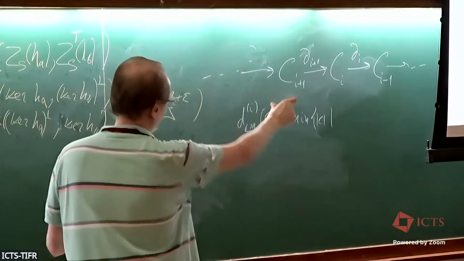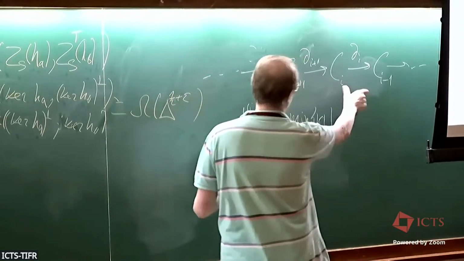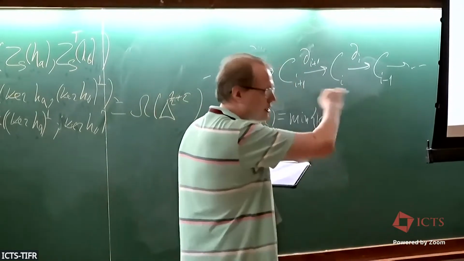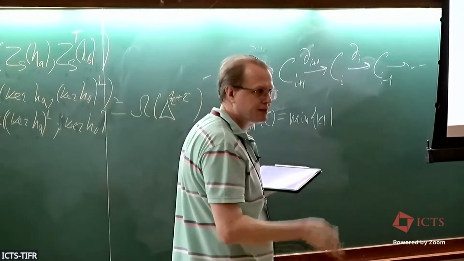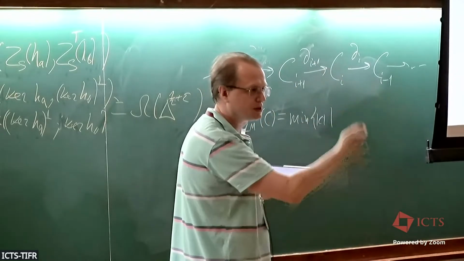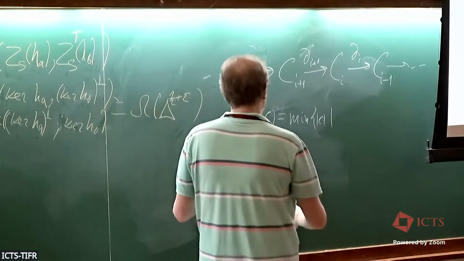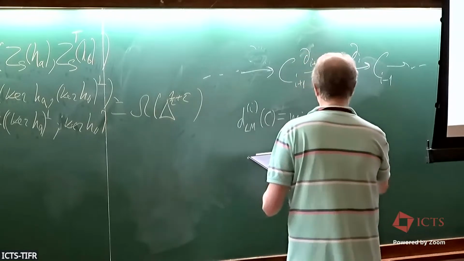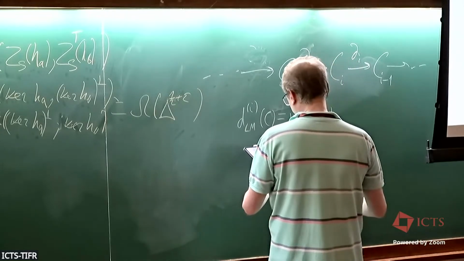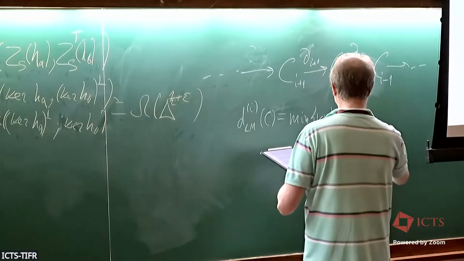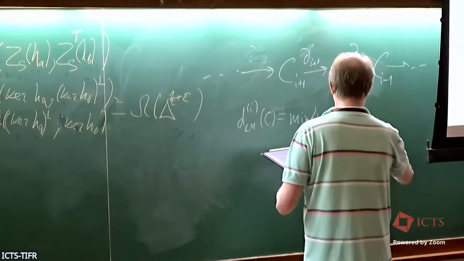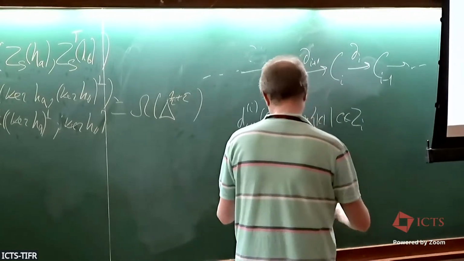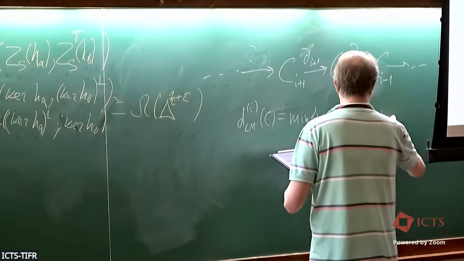Let us consider some chain complex, for example, a chain complex defined on a simplicial complex, for simplicity, on a square complex, yes? And here we define the smallest weight of a non-zero cycle.